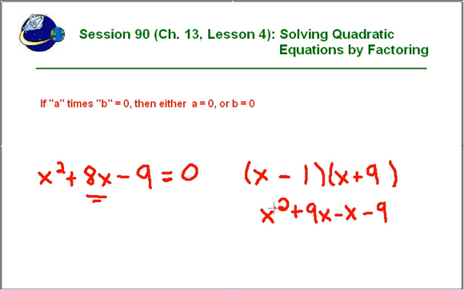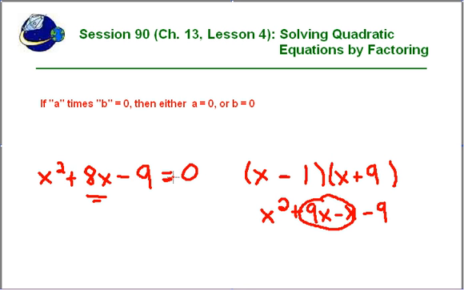Our x squared here matches our x squared over here. The 9x minus x here equals 8x. That matches our 8x term over there, and our minus 9 matches our minus 9 here. So we have seen that x minus 1 times x plus 9 is the factorization of x squared plus 8x minus 9. However, the question is, which values of x will make this equation equal to 0?